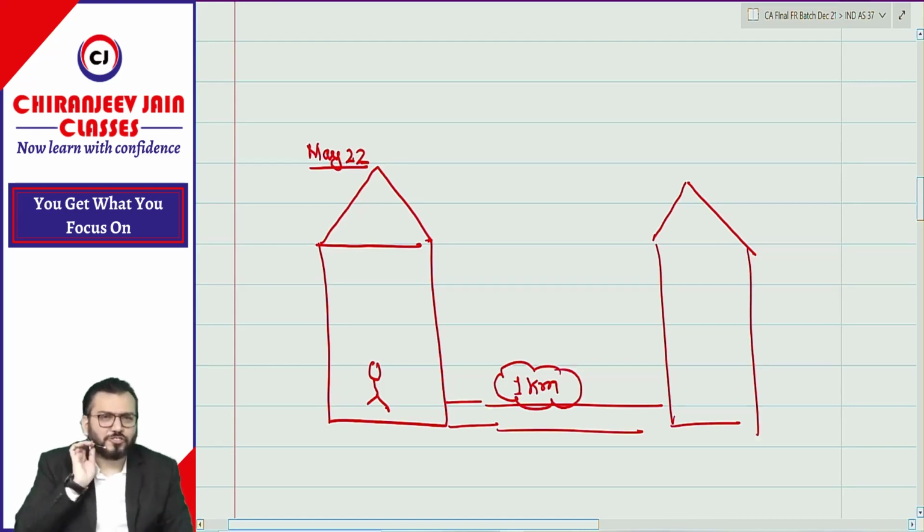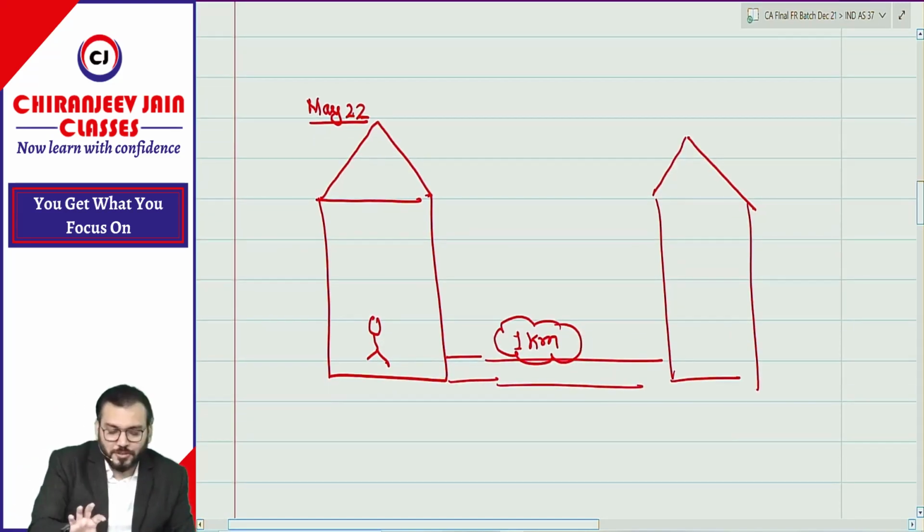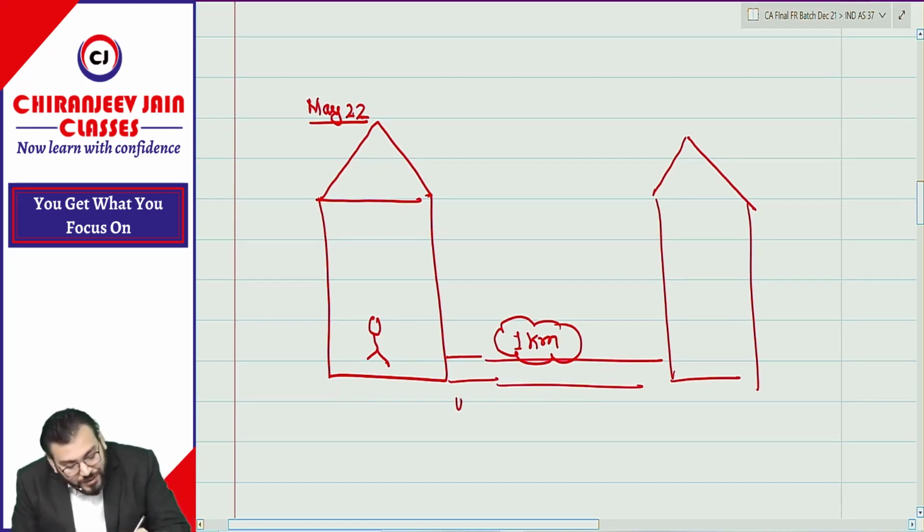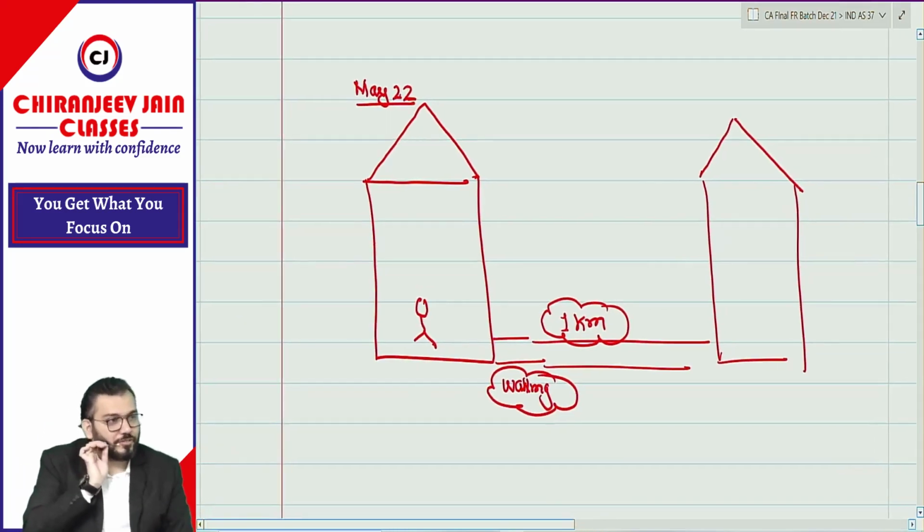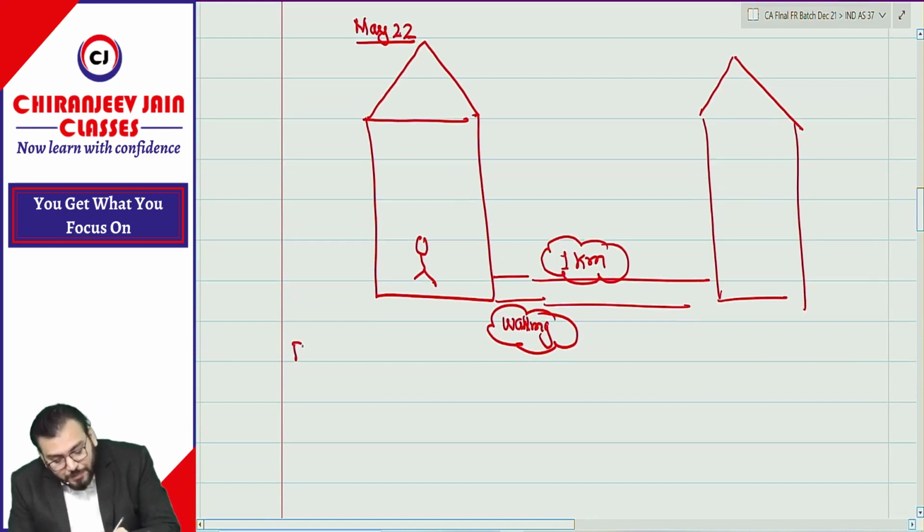And I will put a condition to implement this example: you will go by walking only. It means you do not have any private transport facility. No public transport is available.